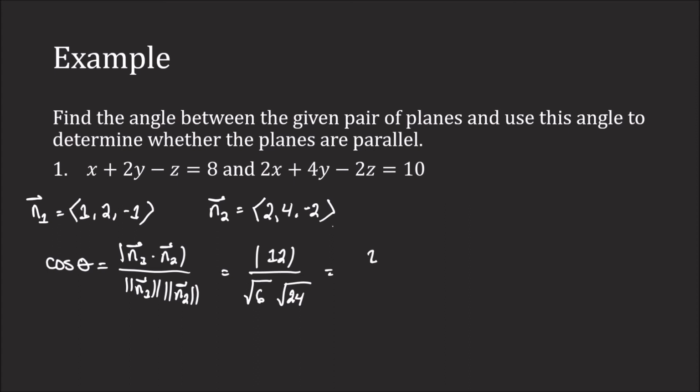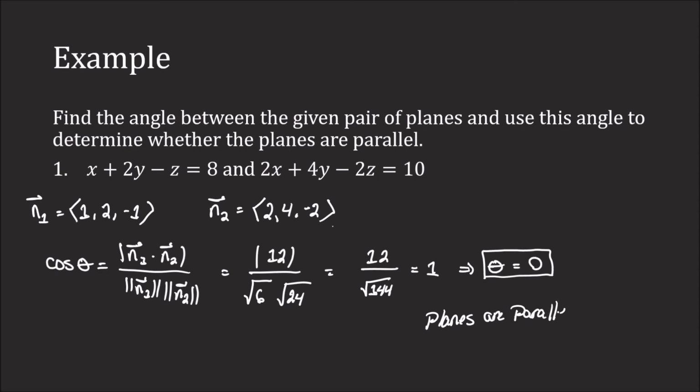So we have 12 over the square root of 144, and this, of course, is equal to 1. So the cosine of theta is 1, which means that theta is 0. Since there is no angle between them, the planes are parallel, which, of course, we can easily tell by looking at the normal vectors.